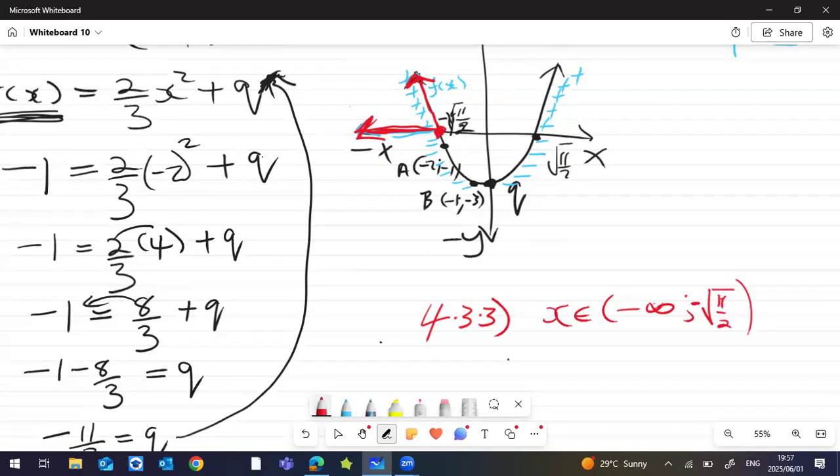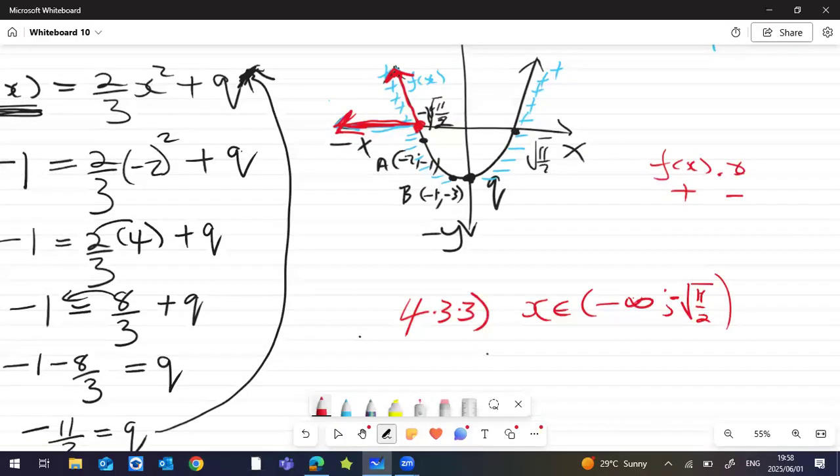That's where our product is going to be negative, because there f of x is positive and the x values are negative. Positive times negative is negative, which means less than 0.